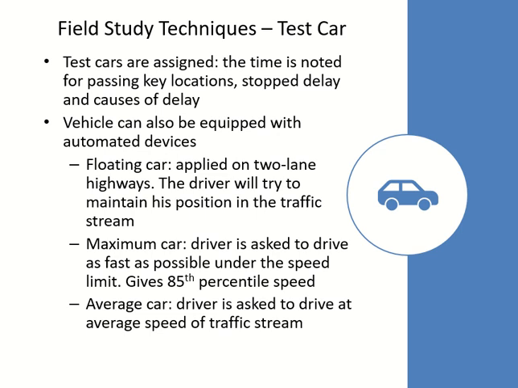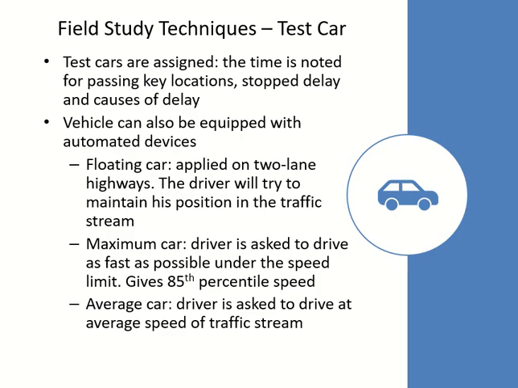Another variation of test car is average car. Average car is again on a multi-lane highway, but the driver will drive normally. No instructions about overtaking, no instructions about increasing or decreasing the speed. This is the most common variation of test car.